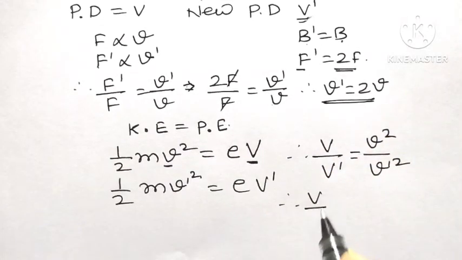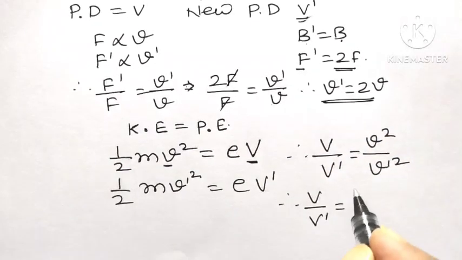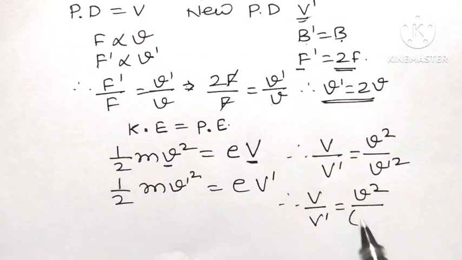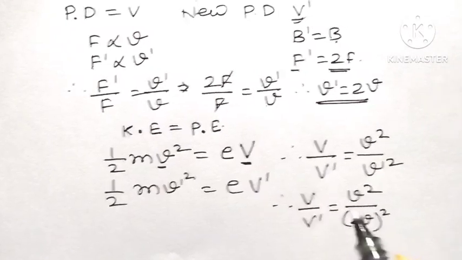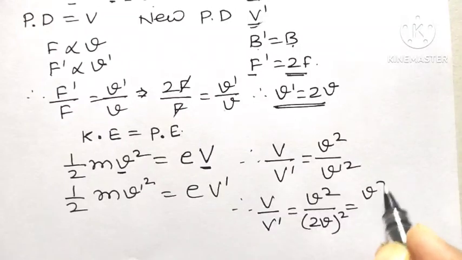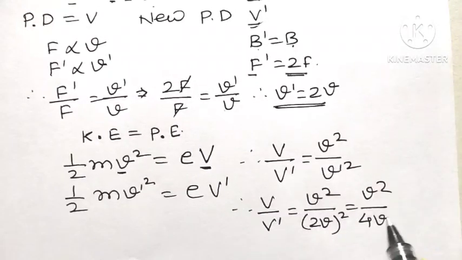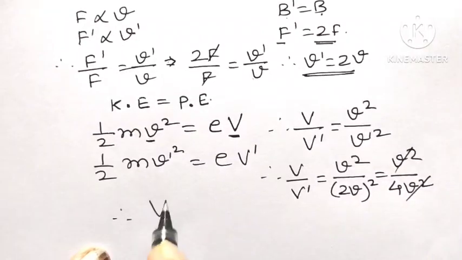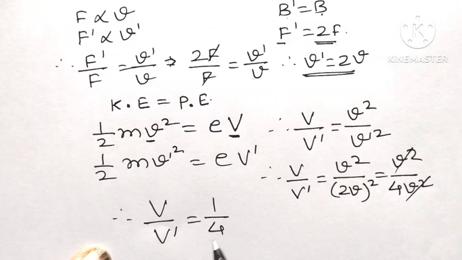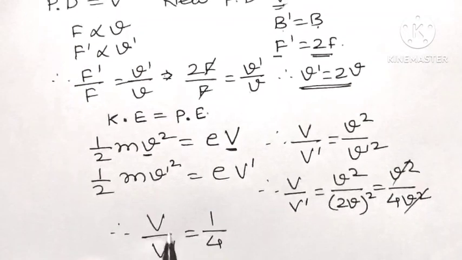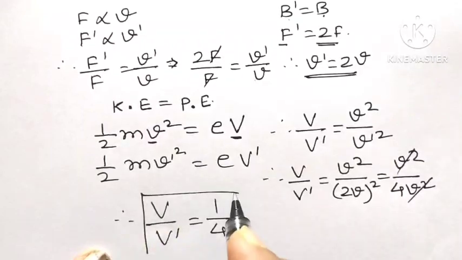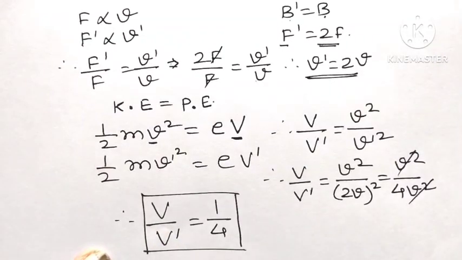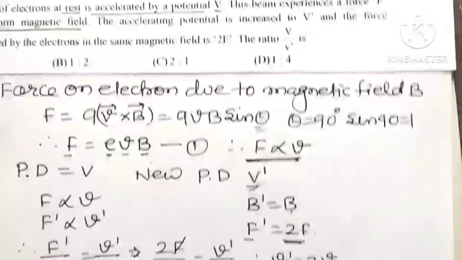Therefore, V upon V dash is equal to v square upon 2v whole square, that is v square upon 4 v square. So this v square gets cancelled, and V upon V dash is equal to 1 upon 4. So the ratio of the original potential difference to the new potential difference is 1 by 4.